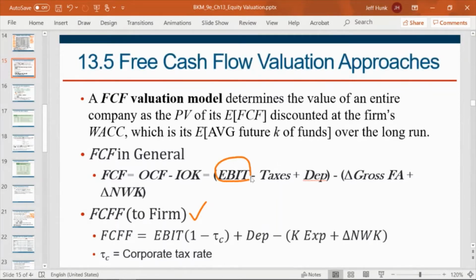What is another name for EBIT? Anybody? Another name for EBIT is operating income. Isn't that right? Remember this from Finance 230, or if you took Business 210.